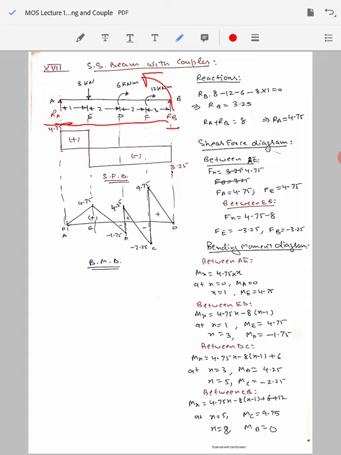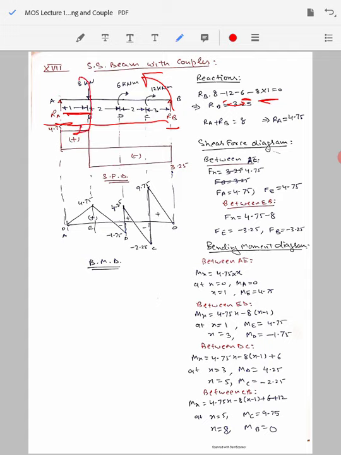Then you see that the 12 kilonewton meter couple is acting in a clockwise fashion, which is opposite to the moment created because of the support reaction Rb. So that's why you get a minus sign here. Then you have another couple of 6 kilonewton meter in the same direction, so you have minus 12, minus 6, and then finally you reach the 8 kilonewton load which is acting at a distance of 1 meter from the point A. So there will be a moment because of that, of 8 into 1.